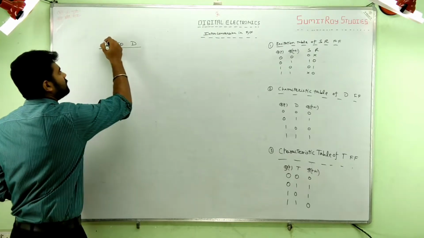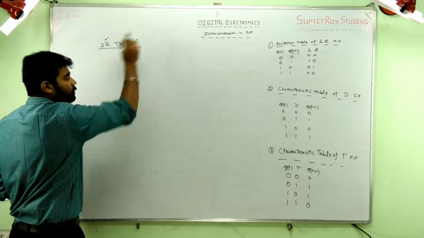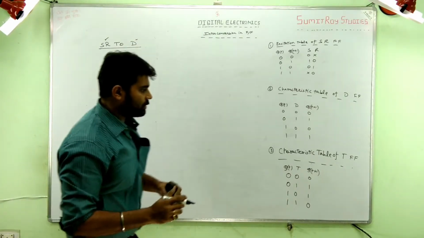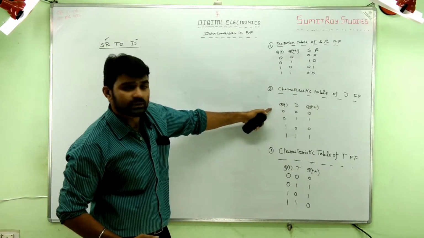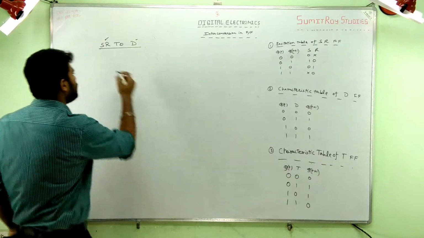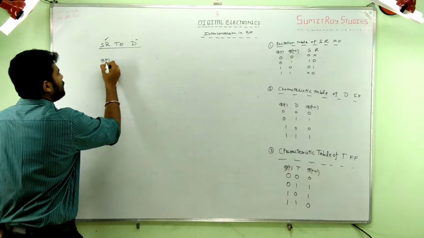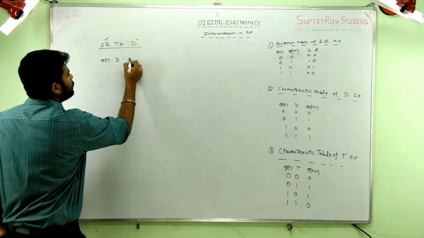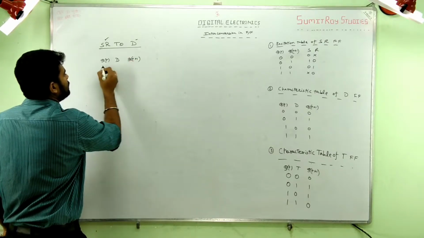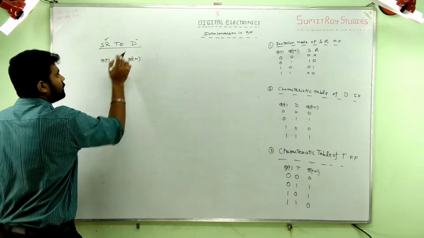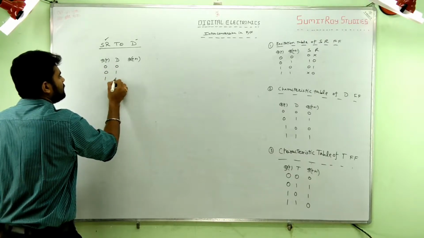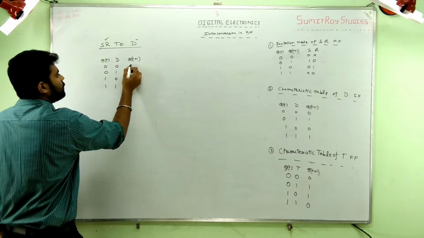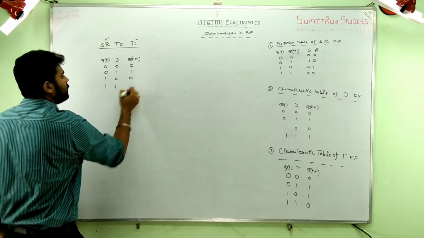This is given and this is what is required. So for the given to required, this is given, so the excitation table, and required is the characteristic table. So we'll start, that is from QT and D to QT plus 1. This is the characteristic table of the required part, that is 0, 0, 1, 1 for QT and 0, 1, 0, 1 for D, and QT plus 1 is 0, 1, 0, 1.